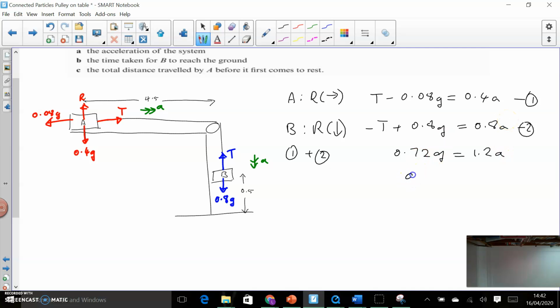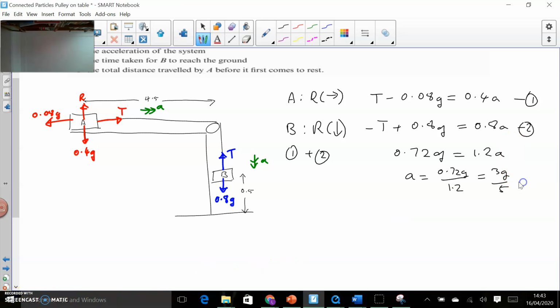So A is equal to 0.72g over 1.2, which is going to be 72 over 120, 6 over 10. I think it's 3g over 5 meters per second per second.